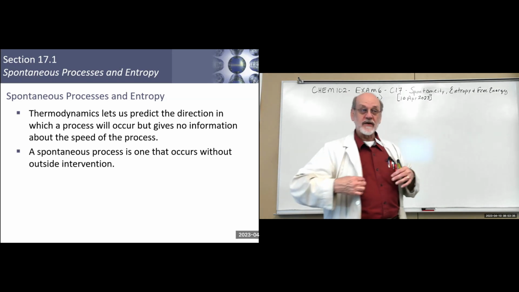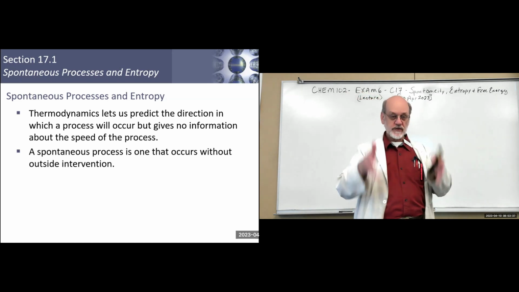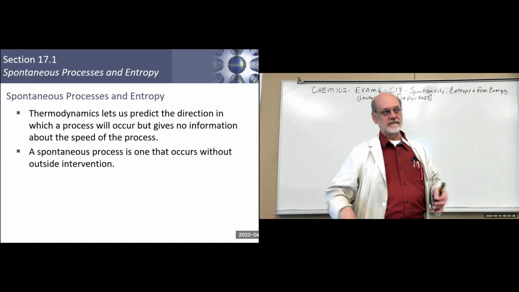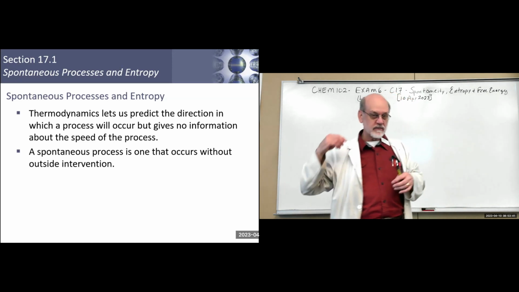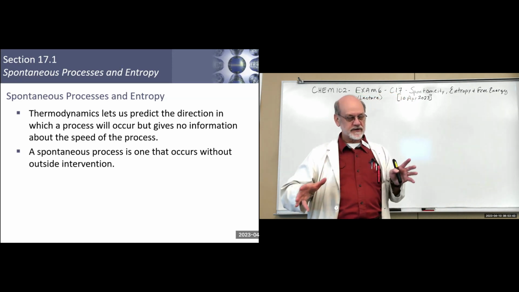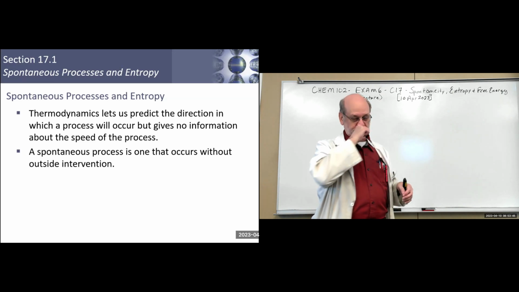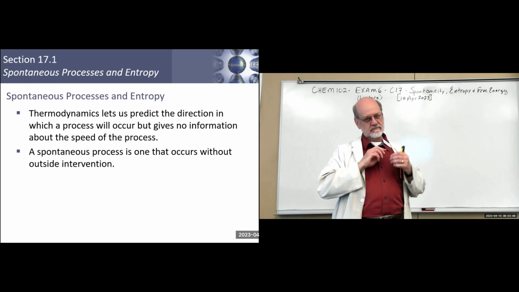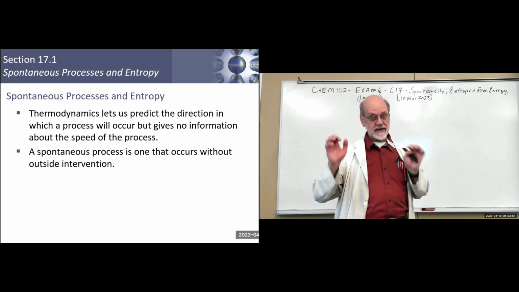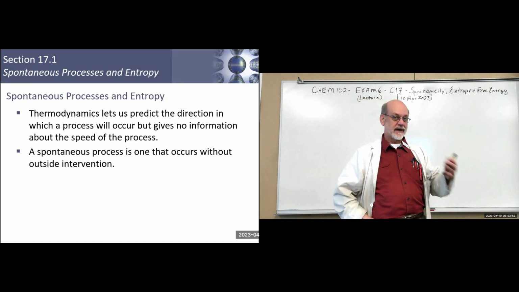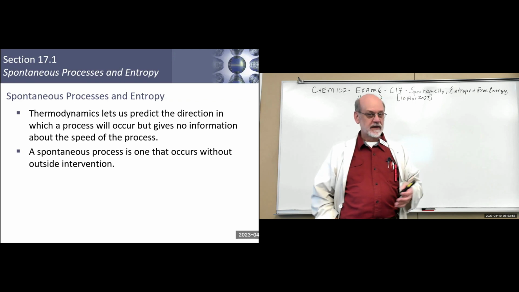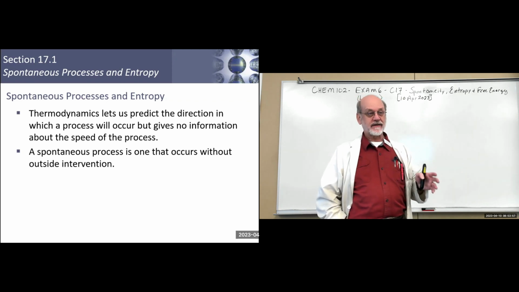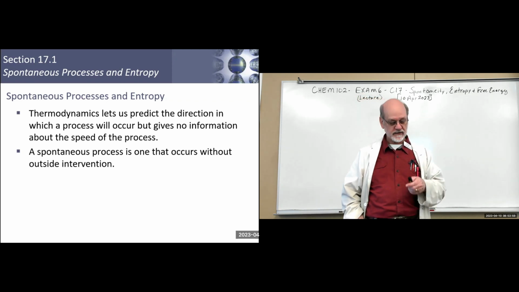If it's non-spontaneous, then when you put the two reactants together, nothing happens. They're already where they want to be. They're in a stable situation. And the only way you can force them to react with one another is to add energy or add a catalyst, do something. But when you just put them together and they react, that's a spontaneous process.